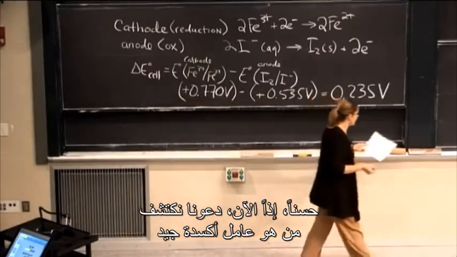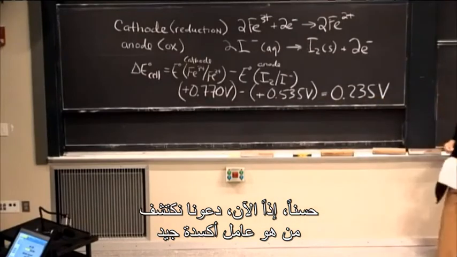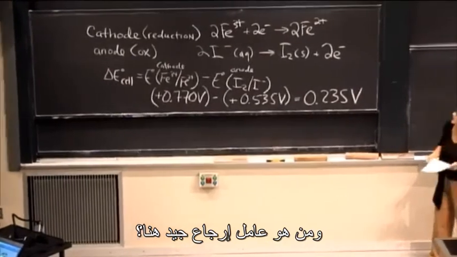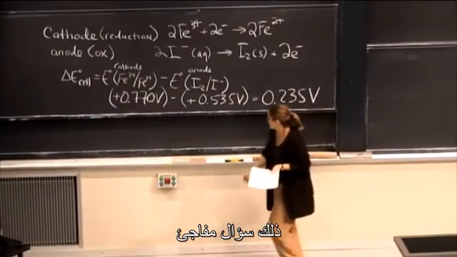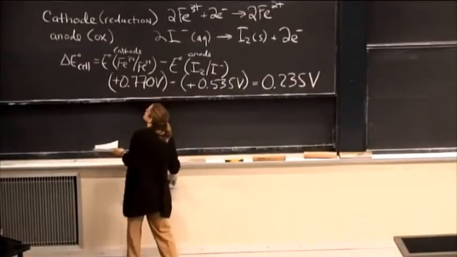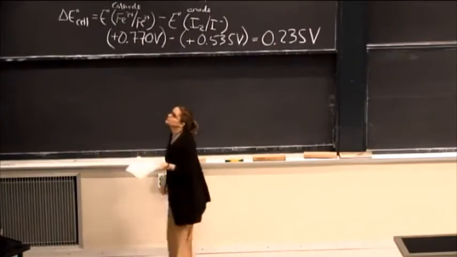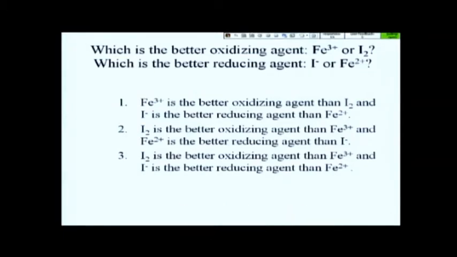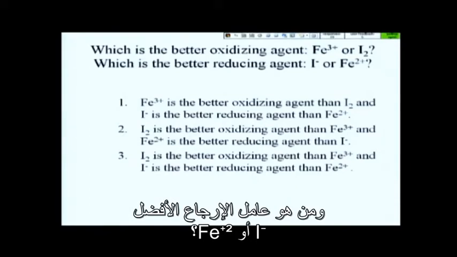All right, so now let's think about what the good oxidizing and reducing agents are here. And let's have a clicker question for that. So which is the better oxidizing agent, iron plus 3 or I2? And which is the better reducing agent, I minus or iron plus 2?